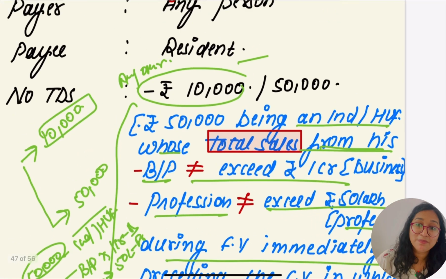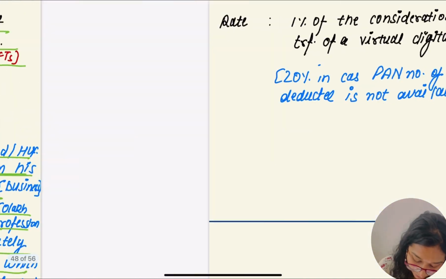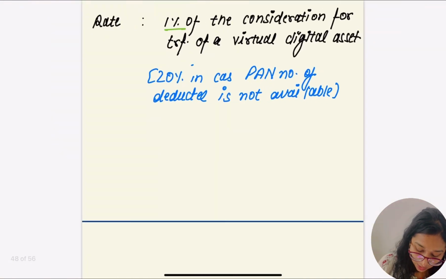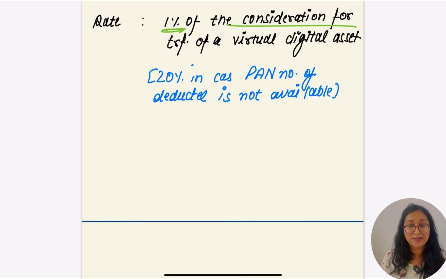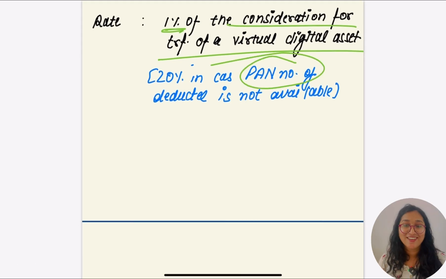For any people other than individual and HUF, the limit is going to be 10,000. And now tell me, the rate is going to be 1% of the consideration on the transfer of virtual digital asset. Hope this was also clear. But what if the PAN is not furnished? In that case, 20% is going to be the TDS rate. Let me say it again.